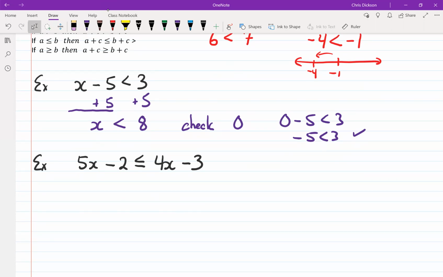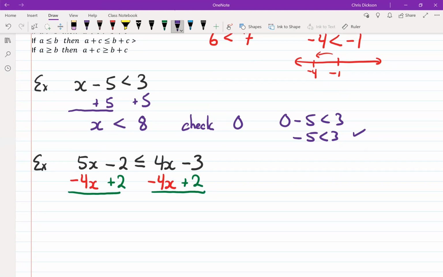I would want to move the x's to one side, and I'm going to move them in a way that reduces the number of negative signs. So I have 5x on the left, 4x on the right. So let's minus 4x here, minus 4x. And I'm also going to add 2 to both sides. And see what happens when I do that.